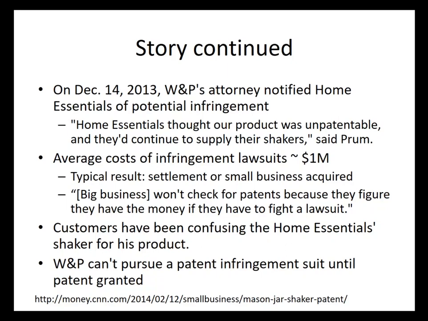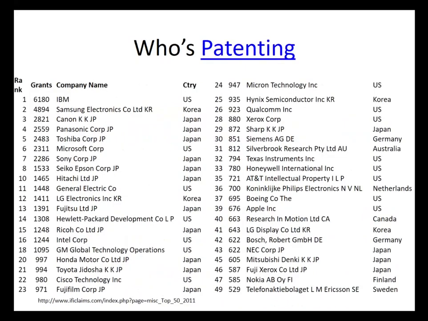Because of that, a lot of times small businesses can't really enforce their patent, even if they have one. To make it even more complicated, W&P had filed for the patent, but they actually didn't have the patent granted. They couldn't even go to court if they wanted to until they got the patent granted. So unfortunately, the story is often patents are not as helpful as you'd think they would be.